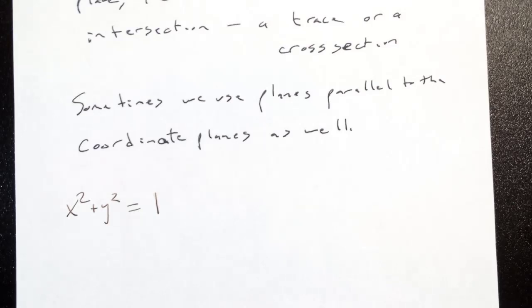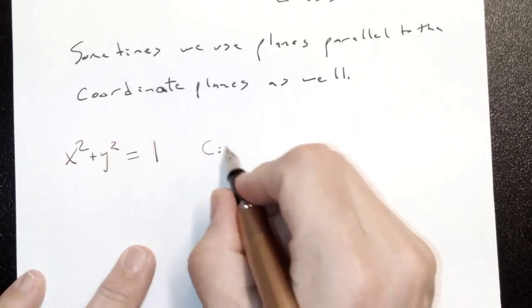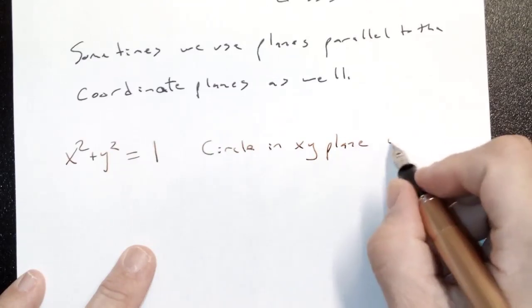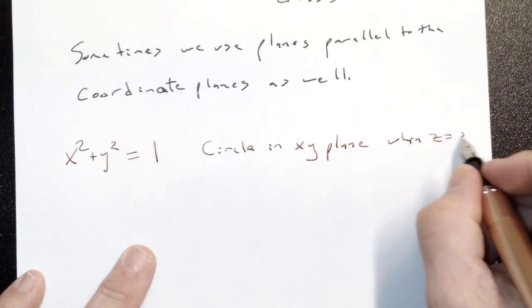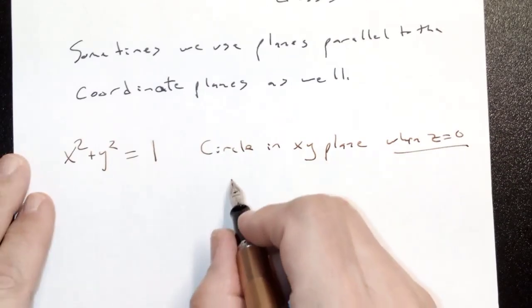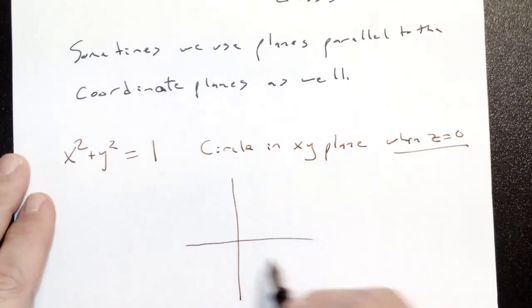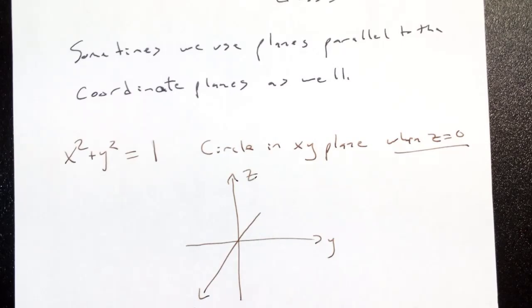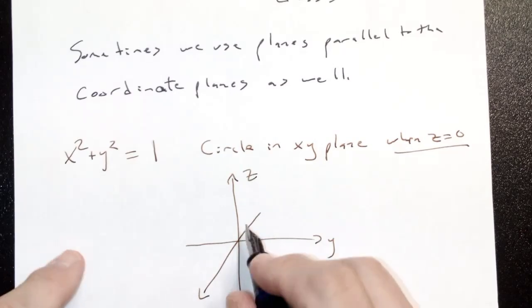When z is 0, I have the circle in the xy plane. So if I specify that z is 0, I can draw this in 3D as a circle in the xy plane of radius 1 centered at the origin.